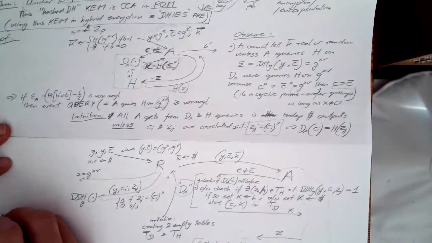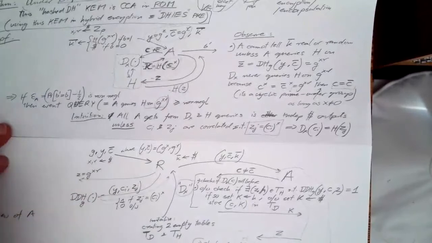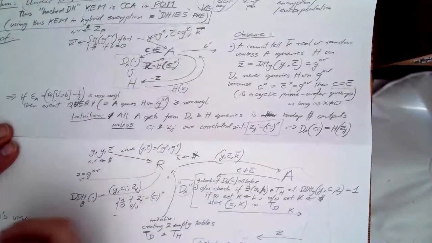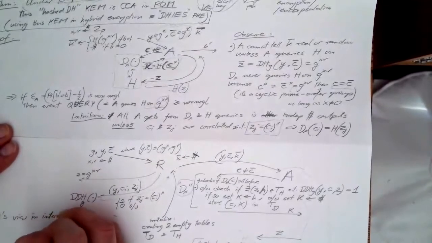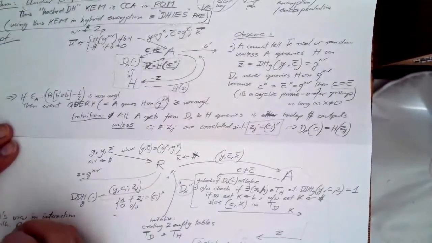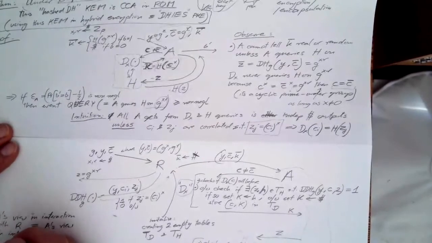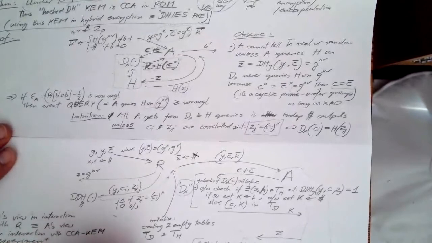So A's view in interaction with the reduction is identical to A's view in interaction with the CCA KEM experiment, unless the event query happens.